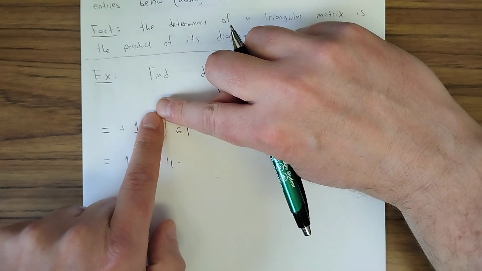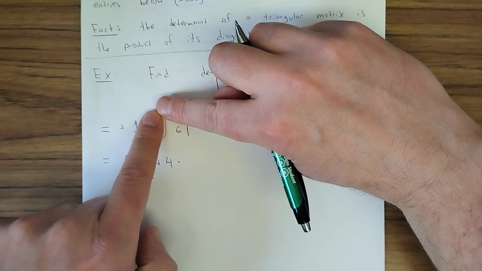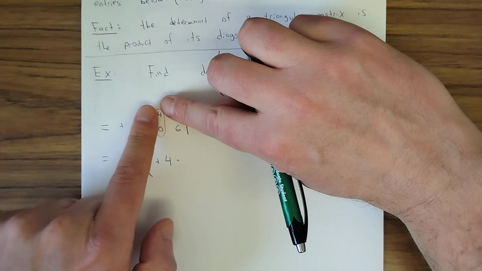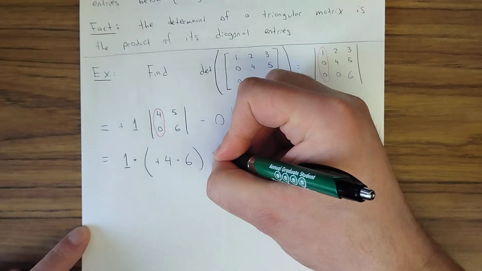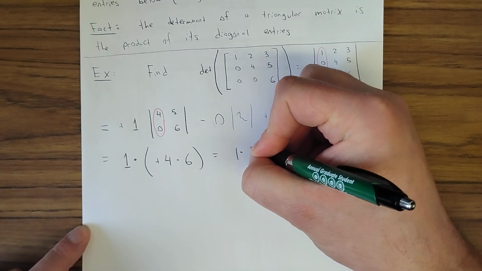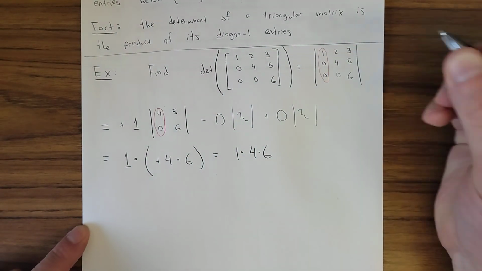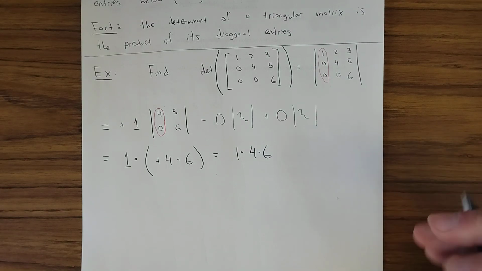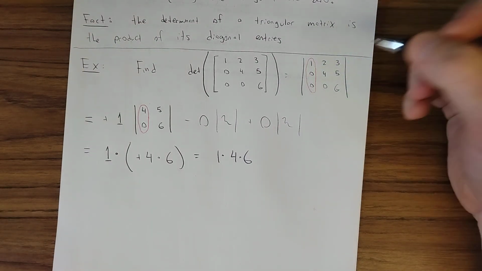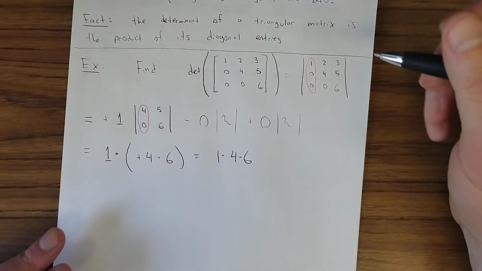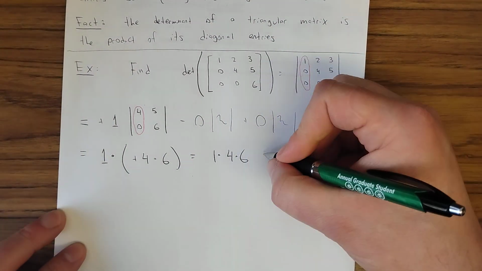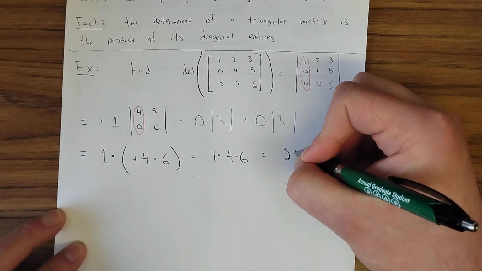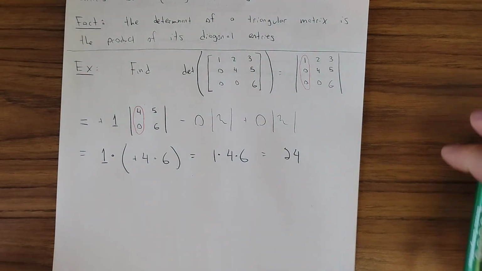And of course, I'm supposed to multiply by this determinant, which is a 1 by 1 determinant, which is just the number inside. So I get 1 times 4 times 6, the product of the diagonal entries. So hopefully that sort of illustrates why you get that. Anyway, sure enough, we get what we're supposed to get.